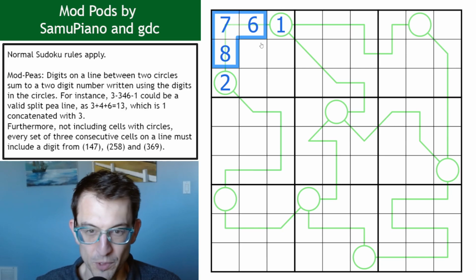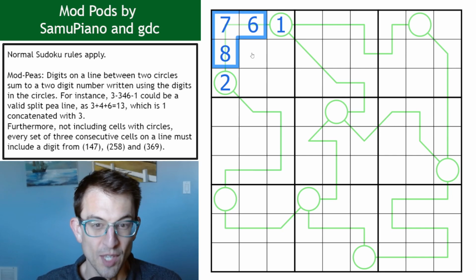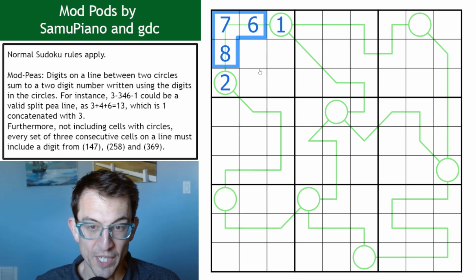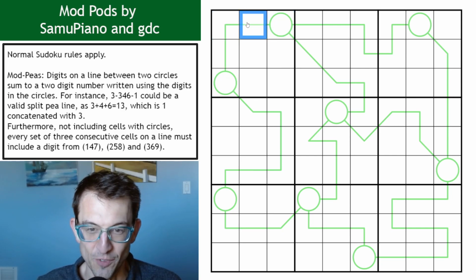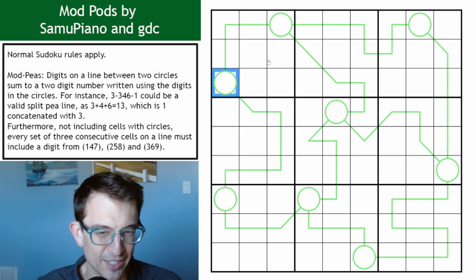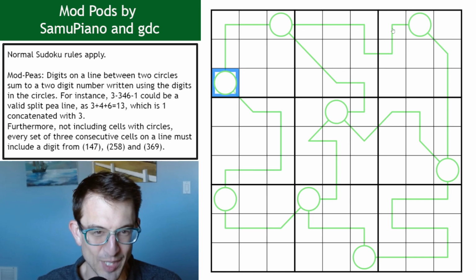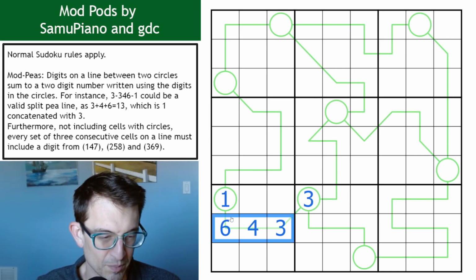Because of what the rule says, I'll just read the rule actually. It says digits on a line between two circles sum to a 2-digit number written using the digits in the circles. I could use the instance that they use. So for instance, 3, I guess I couldn't do that here because I need 2 3s. So where can I do their example? 3, 3, 4, 6, 1 works here because I can have a 1 and a 3, that's 13, and this also sums to 13.